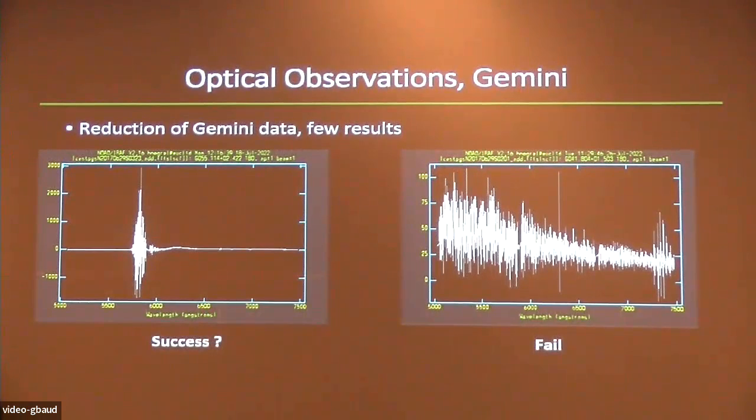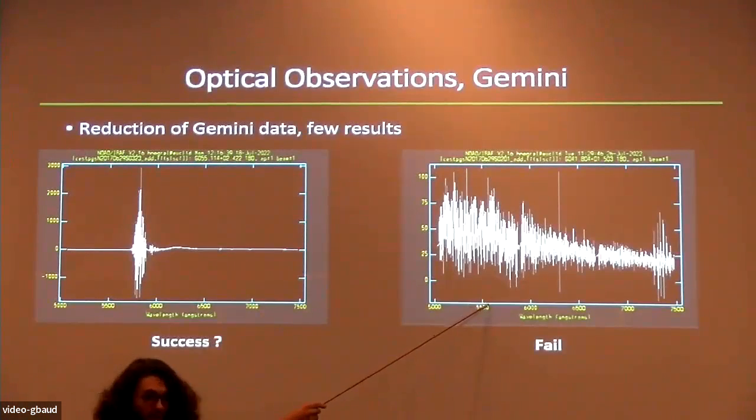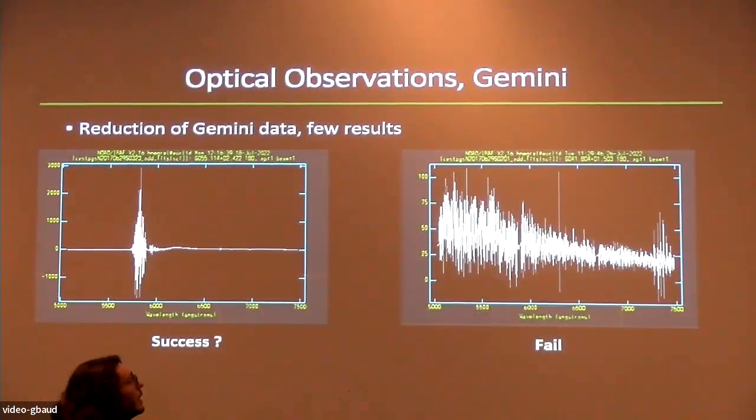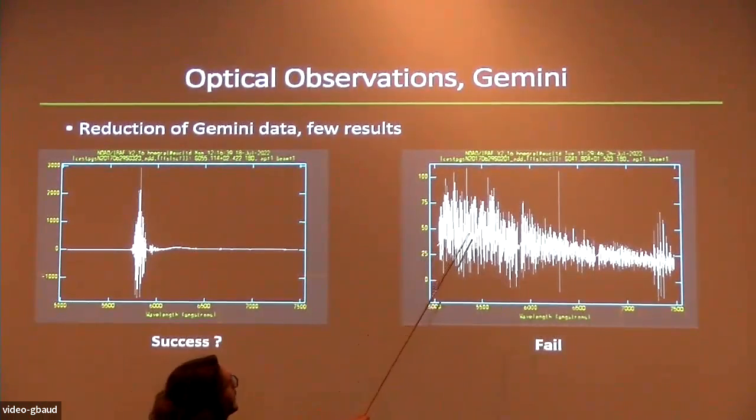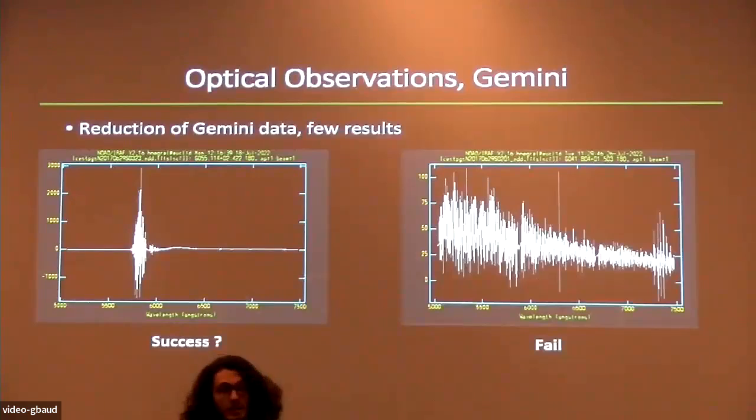I think he's asking, why is that one a failure? This one? Yeah. What is the failure reason? Because we can see a clear peak showing us H alpha. Here, the reduction of the data didn't go well.